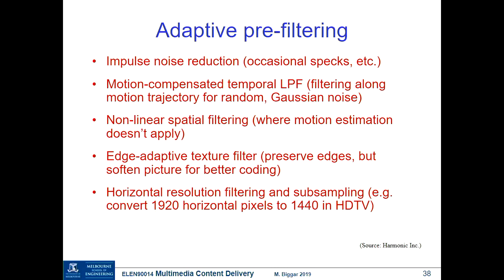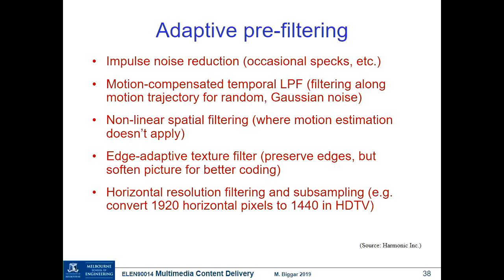And this is the sort of thing that we might be able to do adaptively. The most obvious thing that would be useful to do is get rid of impulse noises. By impulse noise, I mean isolated specks or single pixels that are significantly different to the neighbours. Now the assumption would be that that impulse noise genuinely is noise. It's not part of the picture. But again, from your appreciation of how image and video coding works, you would appreciate that to try to reproduce isolated pixels will require a lot of bits.